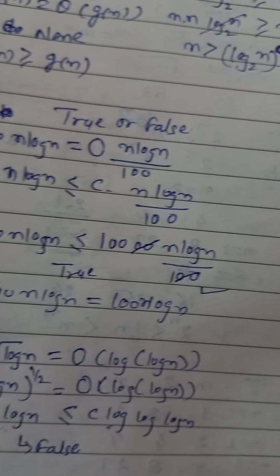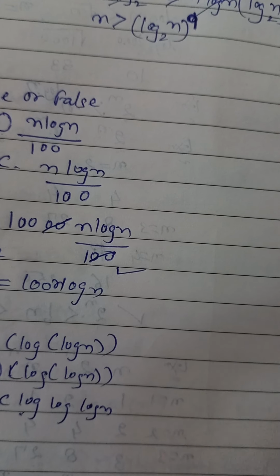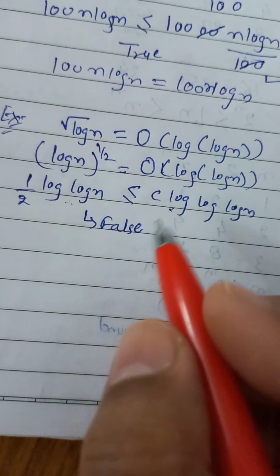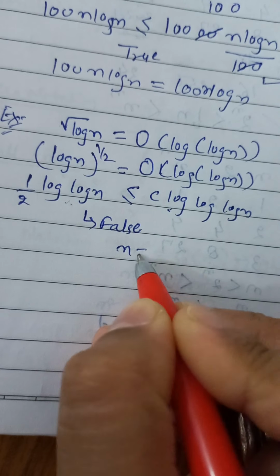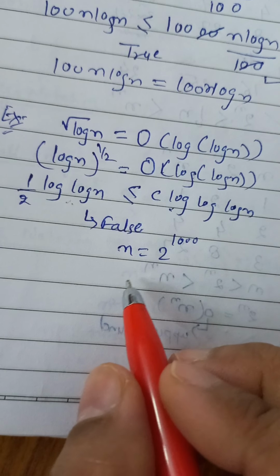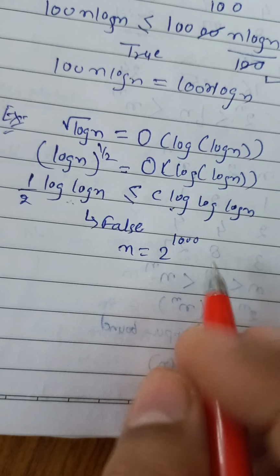Or, by putting in an n value, we can also cross check. Suppose we have this relationship and we take the n value as 2 to the power 1000.